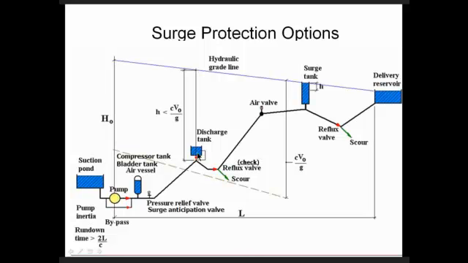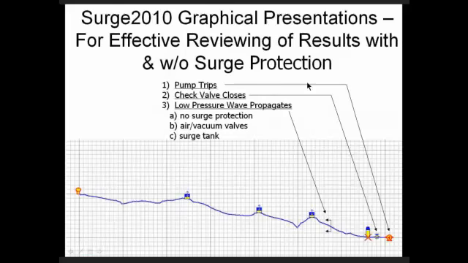There's what we call a discharge tank, which is like an open surge tank. Now, you can't put an open surge tank here, for example, because it would have to be as high as the steady-state hydraulic grade line plus fluctuations. So if you had 200 feet of head, you'd have to have a 200-foot high open surge tank. But you could put one out here where the normal hydraulic grade is 20 or 30 feet.